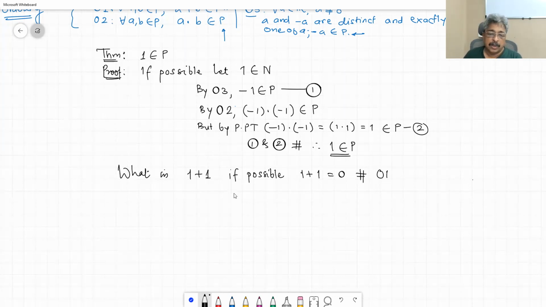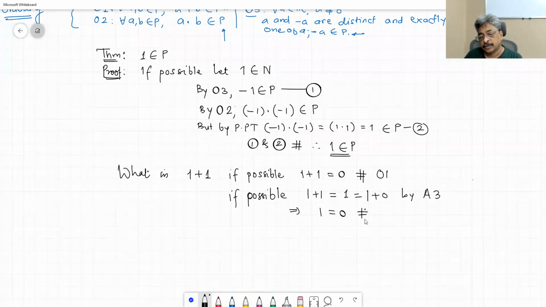Contradiction to O1. If possible, 1 plus 1 is equal to 1, which is 1 plus 0 by A3, implies 1 is equal to 0. Contradiction, by the left cancellation law of addition. Therefore, 1 plus 1 cannot be 0. 1 plus 1 cannot be 1.